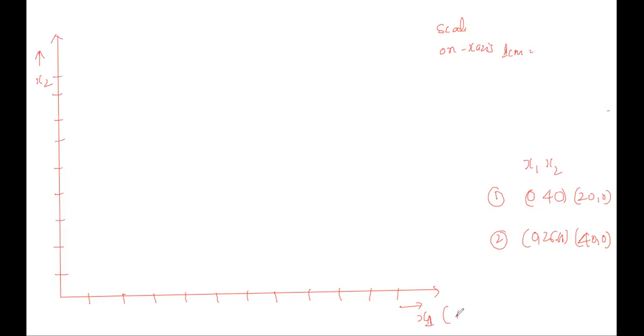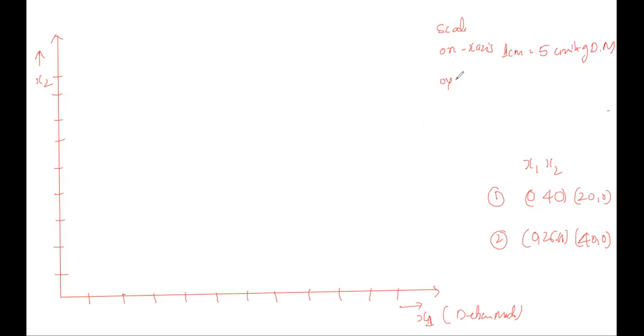So 1 centimeter is equal to, you can take 1 unit of the model, but in the graph we will not get sufficient space for that number of units. So you can take 1 centimeter equal to an even number, that will be good, like 4 or 5. So I'll take 5 units.